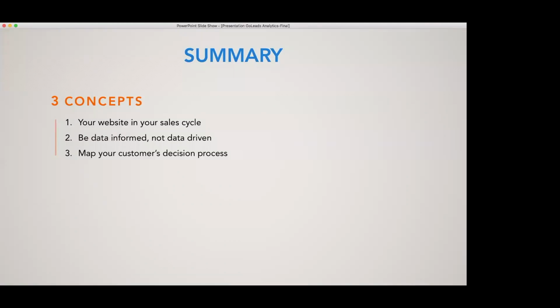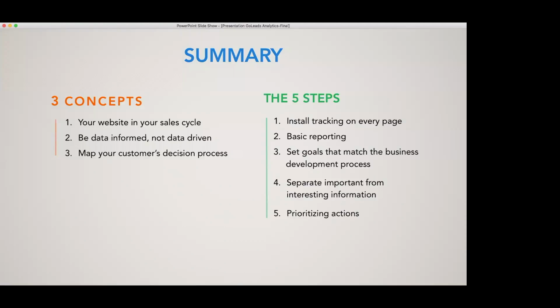If you know where your website is in your sales cycle, and you're striving to be data informed, not data driven, and you know how your customers make decisions, then you can take these steps and actually get more from Google Analytics than what we bump into a lot of times, which is people saying, I say it's installed, but I really don't know what's going on inside of it.